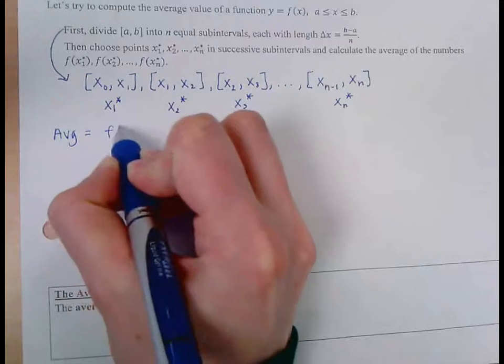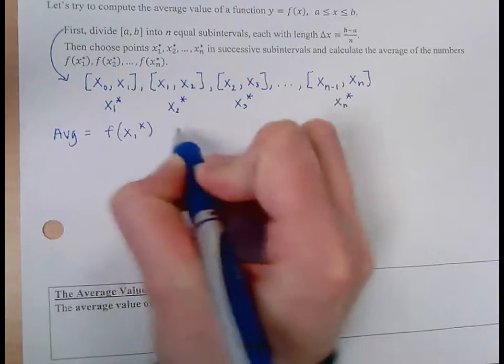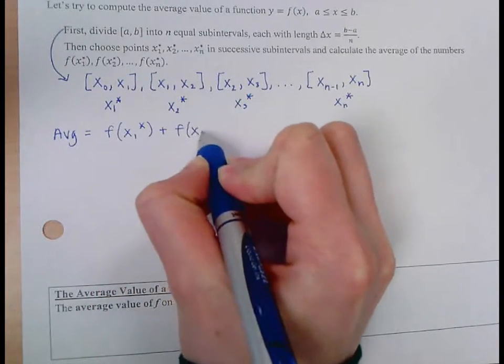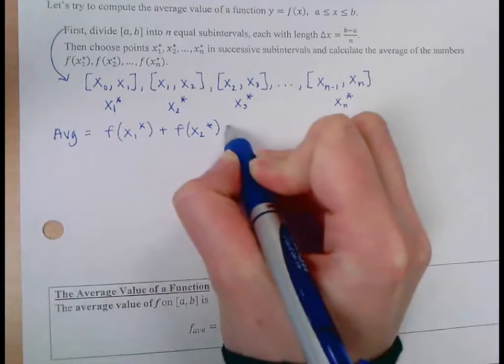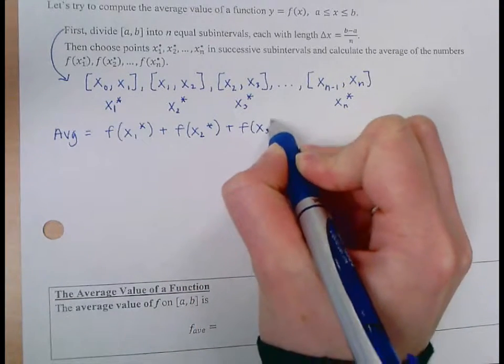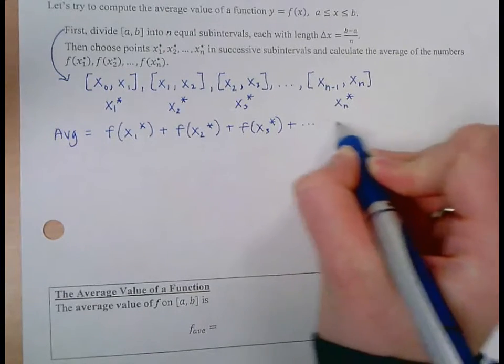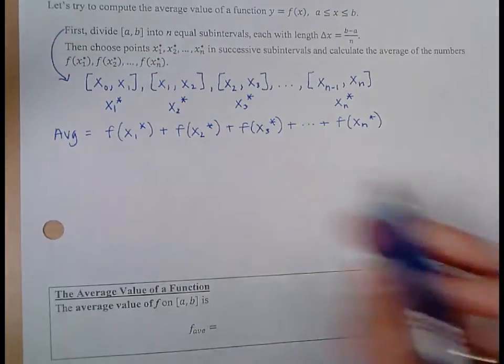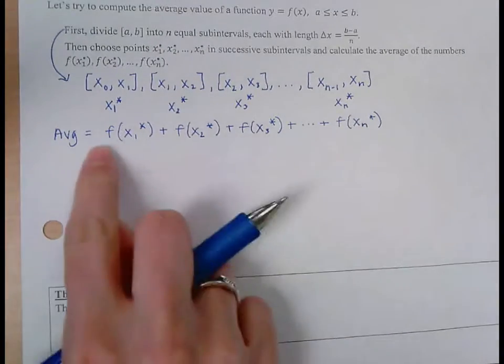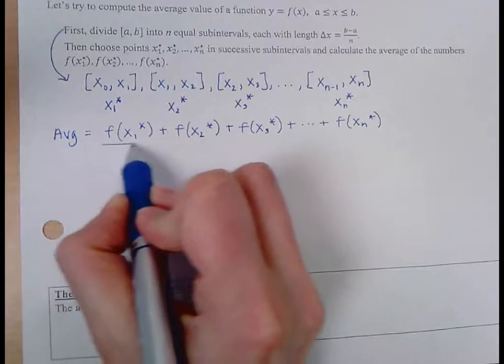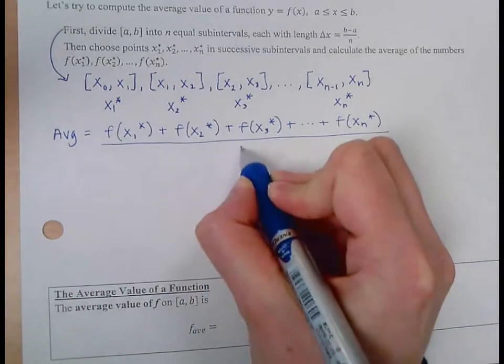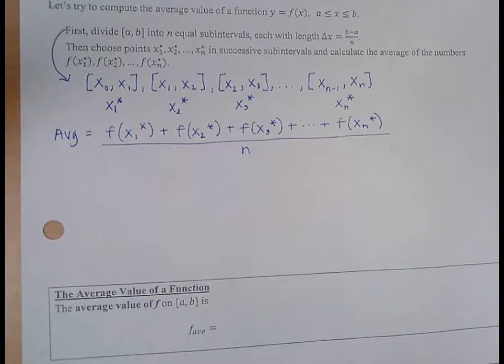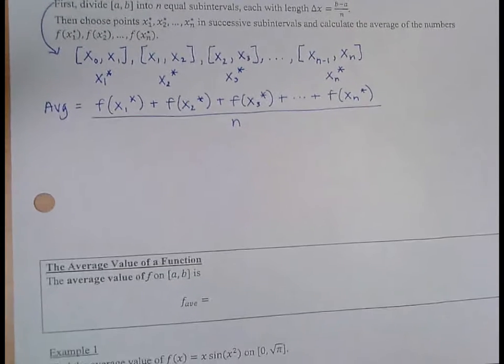So I would have f of x sub 1 star plus f of x sub 2 star plus f of x sub 3 star, all the way up to f of x sub n star, and I would add all of those together. I have n function values, so I would divide that sum by n. That would be an approximate function value.